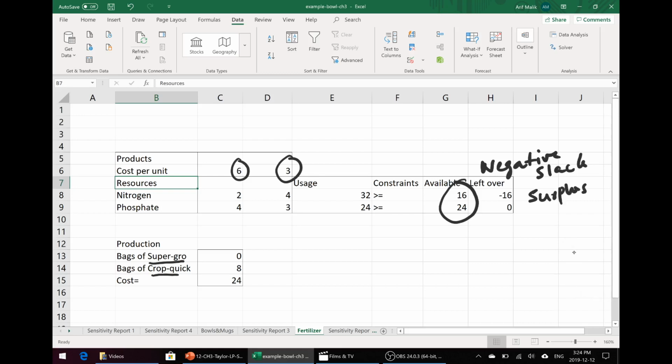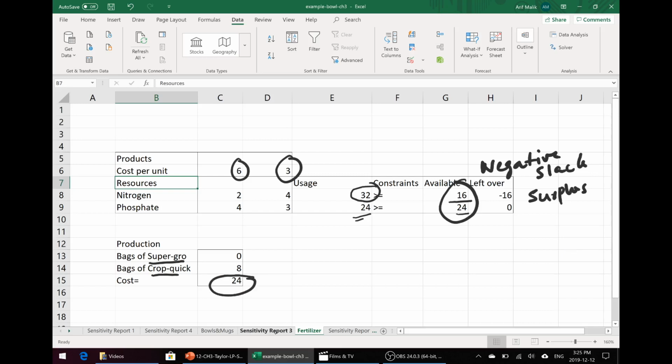So we will have a surplus of 16, which means that although the minimum requirement is 16 pounds, we already have a surplus there in the optimal solution. And the minimum requirement for phosphate was 24, and the usage is also 24. There is no surplus here. The optimal says also that it is 24.